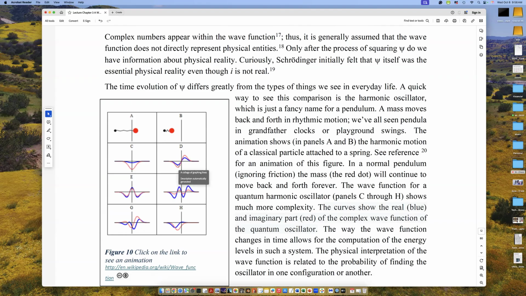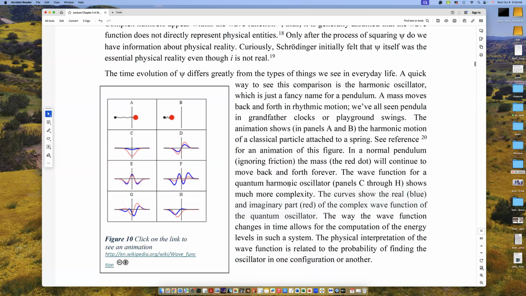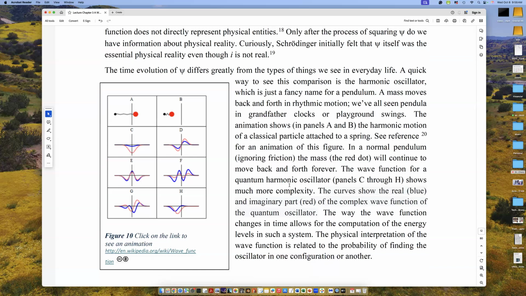So this shows both the real and imaginary parts of a wave function as a quantum oscillator goes through its oscillations.